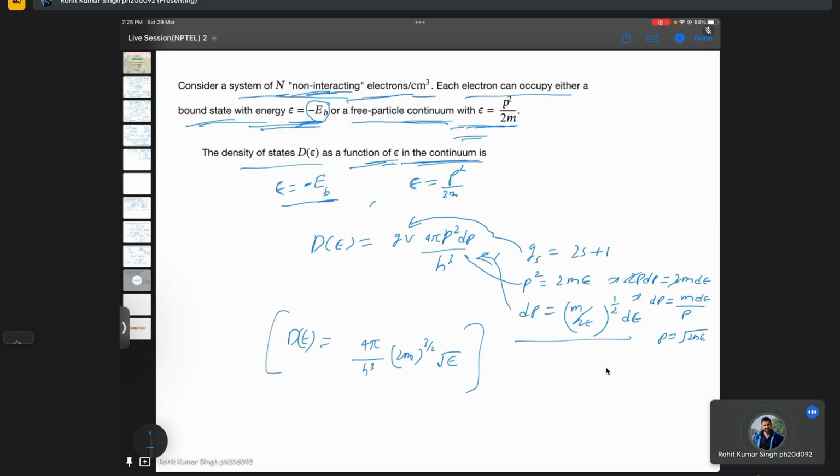Also this quantity will be 2, because the electron spin is half, so g_s is equal to 2 that we have put here.